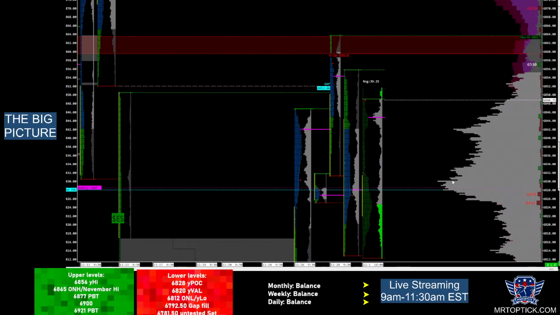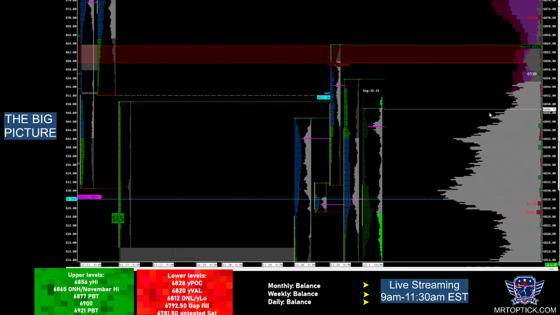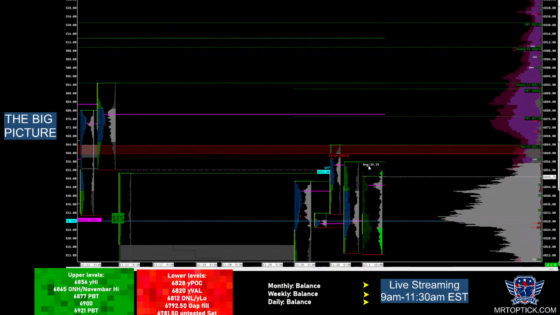Of course, the middle is the first target, the 68.30. And then the same thing goes for above, right? If we break out, want to look for the same thing but opposite. The targets above are the same targets I mentioned yesterday.